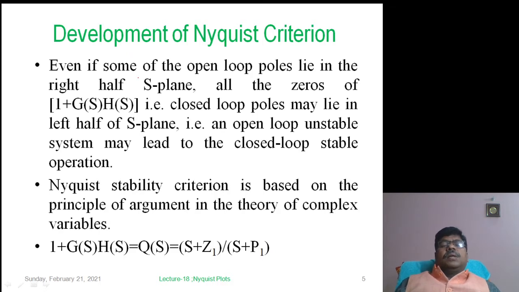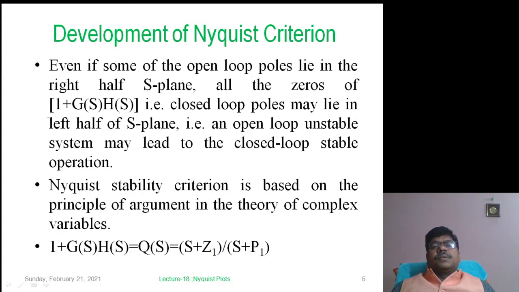Now, you can see that even if some open loop poles lie in the right half of the plane, after converting into 1 plus G(s)H(s), all the zeros of 1 plus G(s)H(s) may lie in the left half of the S plane.